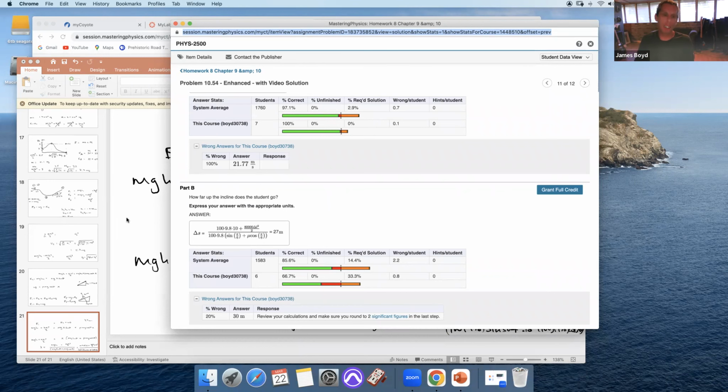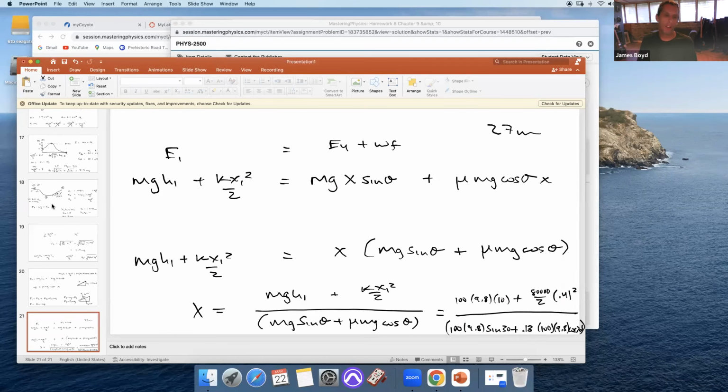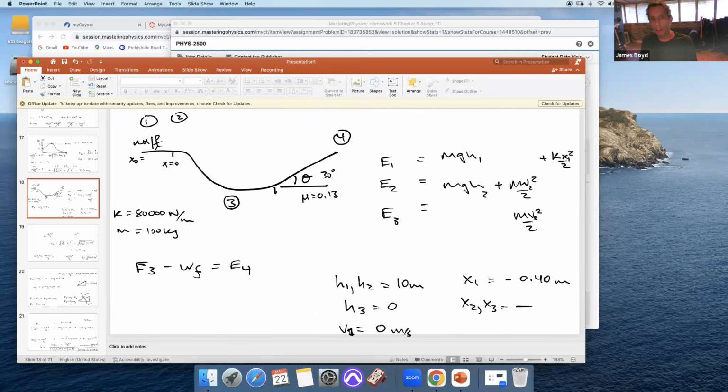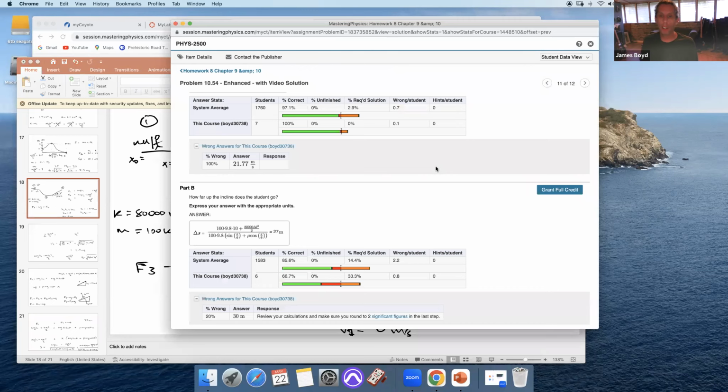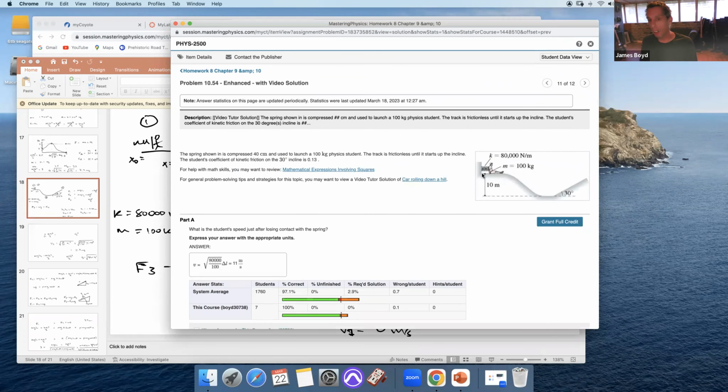But the main takeaway here is, here it had spring energy and potential energy of gravity. The student initially is at a height, so it has a potential energy of mgh and spring energy of kx squared over 2, where x is the 40 centimeters, 0.4 meters.